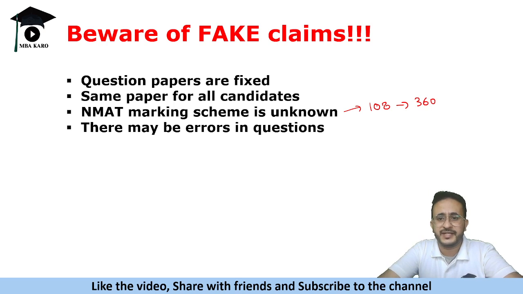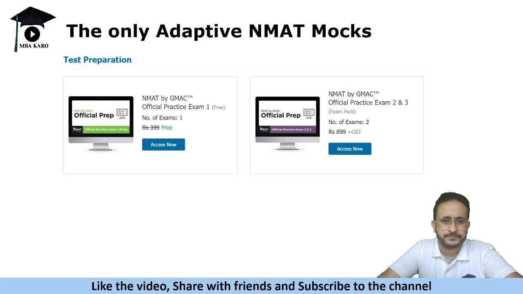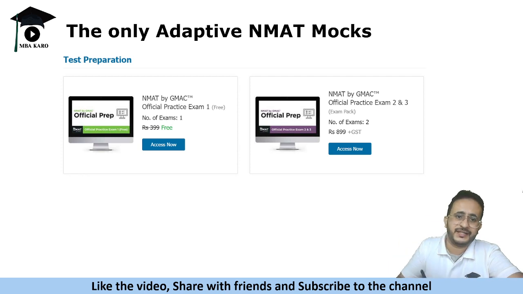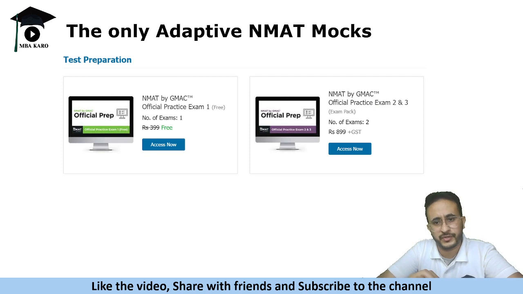So these are the reasons which you should know, that if someone claims that their mocks are adaptive, very likely they are not. So where to find the adaptive mocks? The only place, remember, are the official mocks that you get from NMAT.